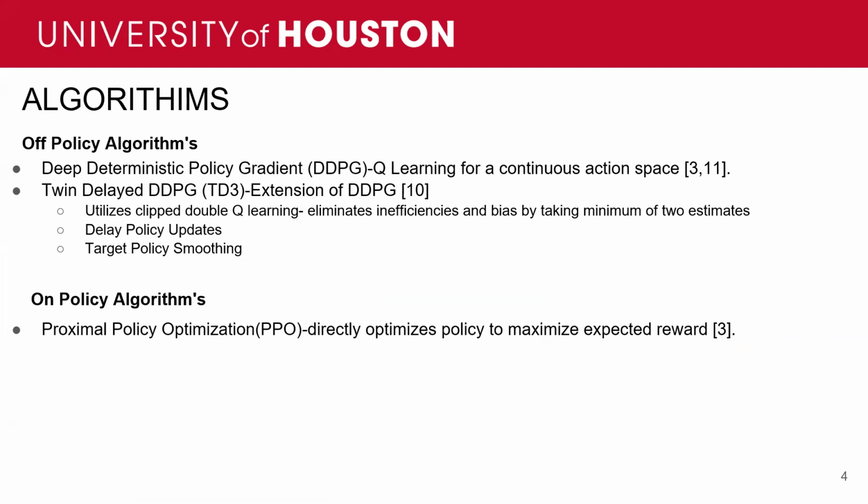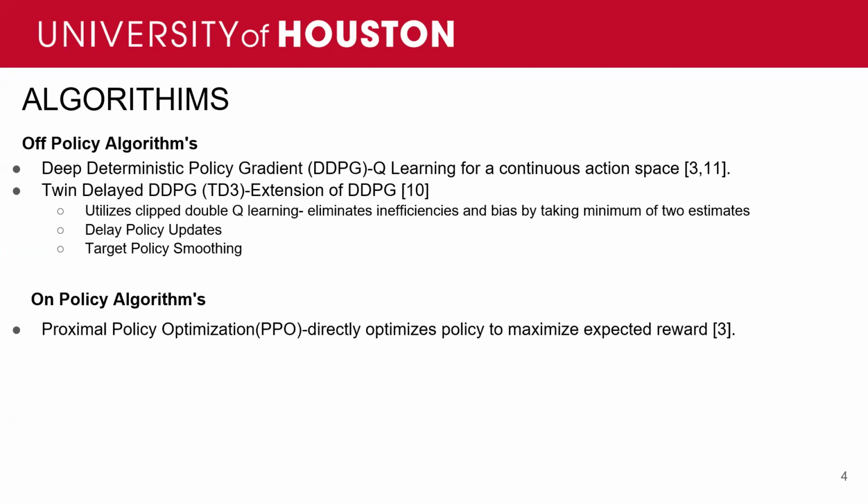Now, the first one is deep deterministic policy gradient, DDPG. Put very simply, it's Q learning for continuous action space. Now, one thing about DDPG is it can be brittle to certain situations, and it can overestimate Q values.